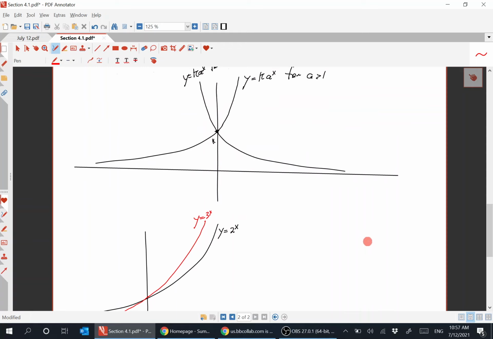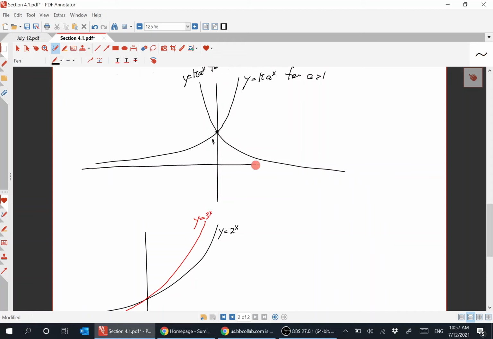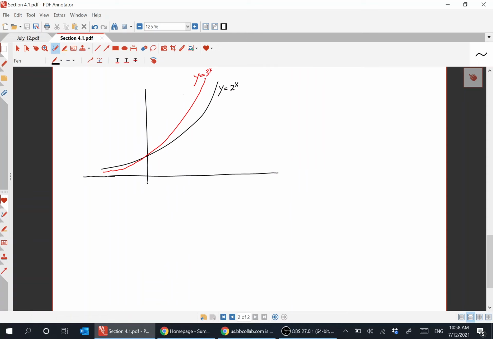But it always looks the same as we have it here. And then when the k is 1, this is 1 right here. So that's a graph of an exponential function, the basic form of it.